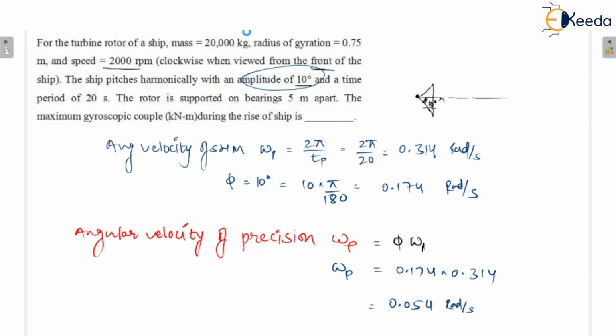Now if you want to calculate the gyroscopic couple, basically it is the maximum angular velocity of precession. So if you want to calculate the maximum gyroscopic couple, that would be I omega p. What is omega? You can calculate 2 pi N upon 60 if not directly given.